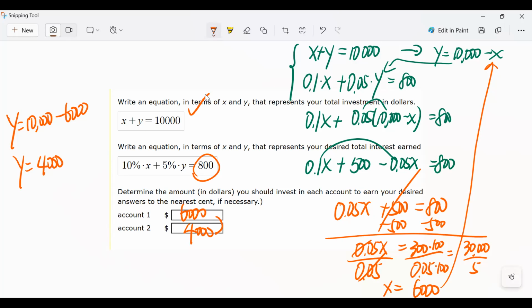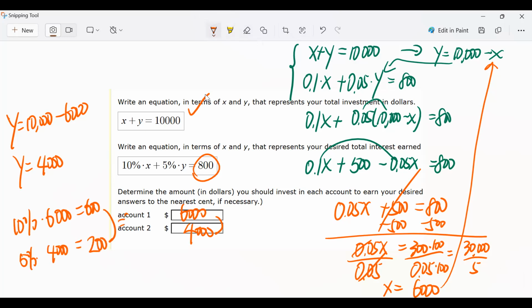That's good. And 10% of 6,000 is $600. And then 5% of 4,000 will be $200.